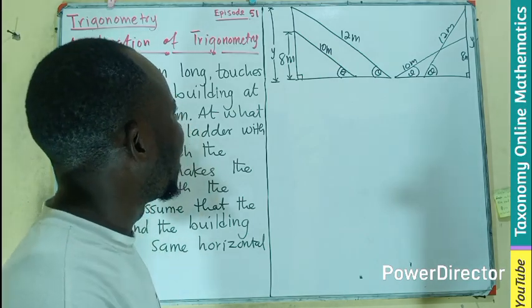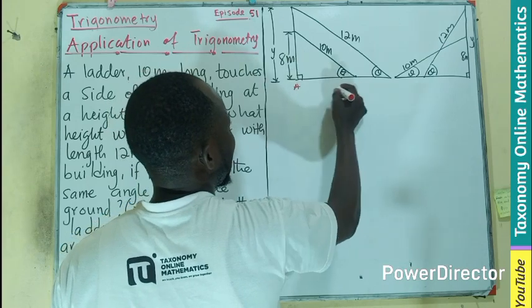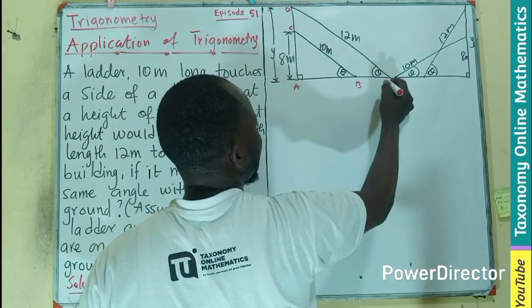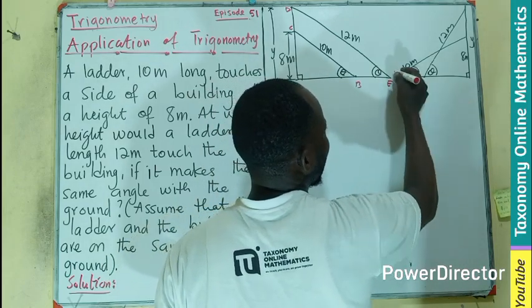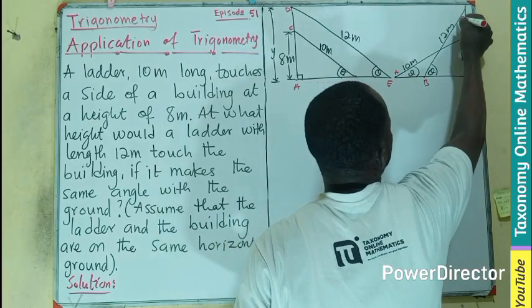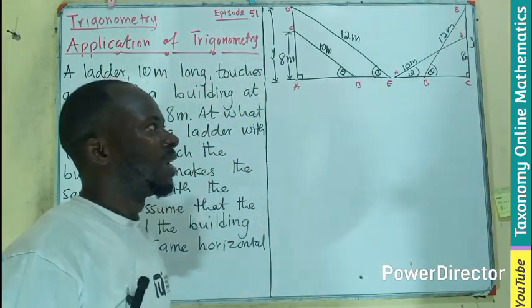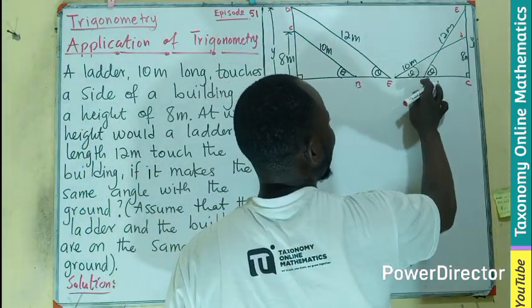If I put in values, let's say we have A, B, C, D, E. Can I use A, B, C the same way here? That will be giving us two separate diagrams. So let's use a different labeling so that we separate it.